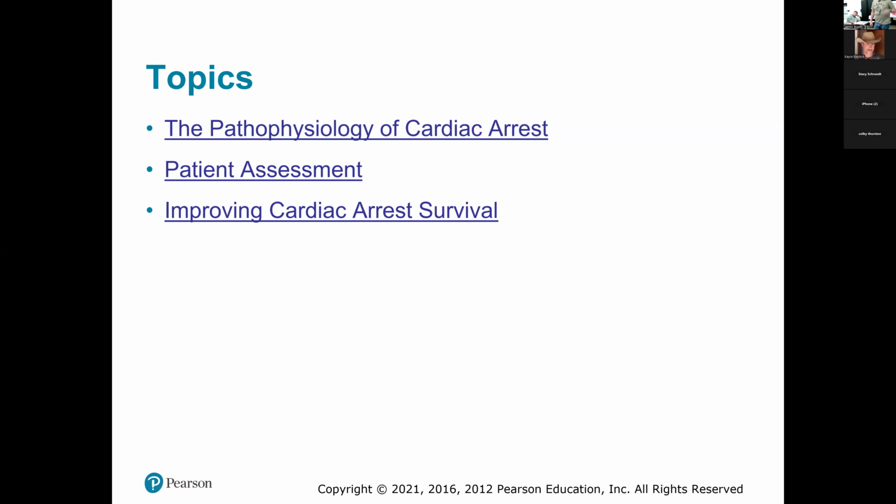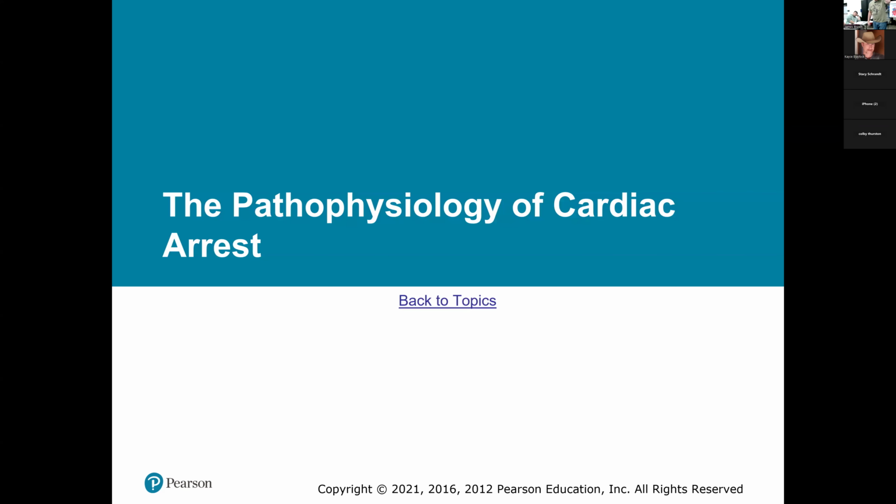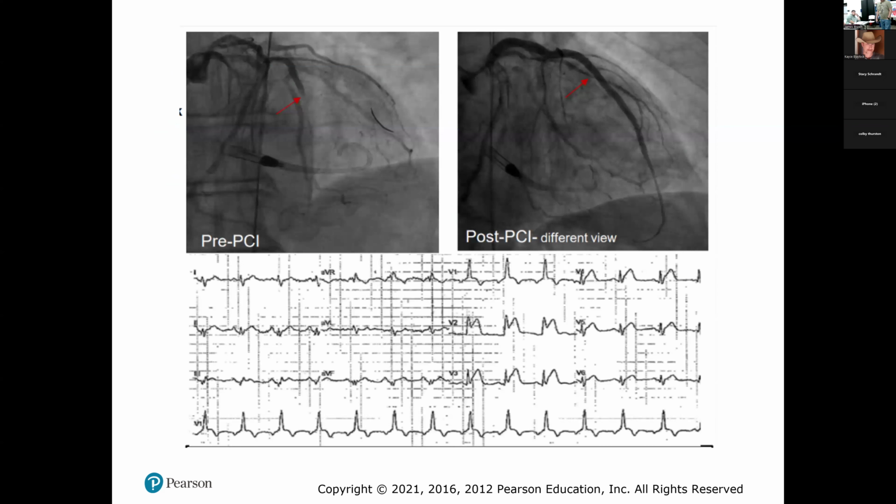All right, so pathophysiology of cardiac arrest. What do you think this is? Yeah. So the right side where that arrow is pointing is where the clot is in the heart. This is before PCI.